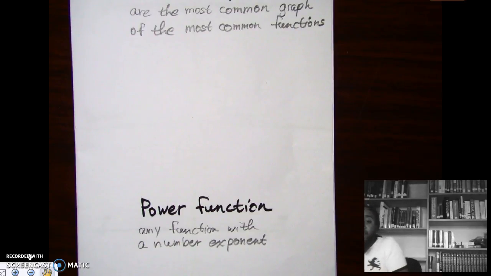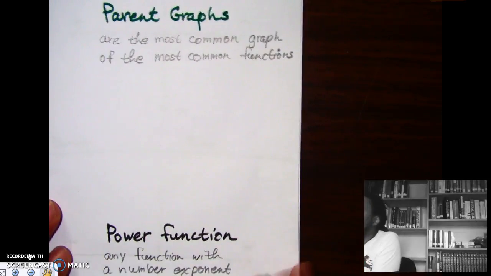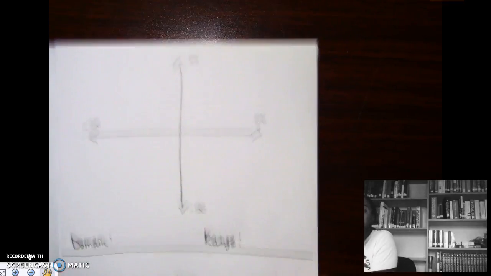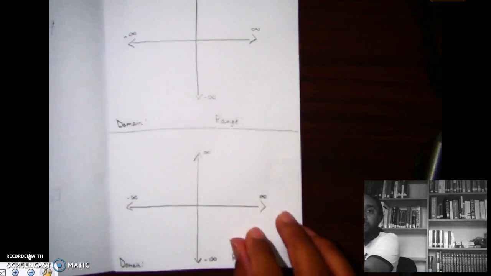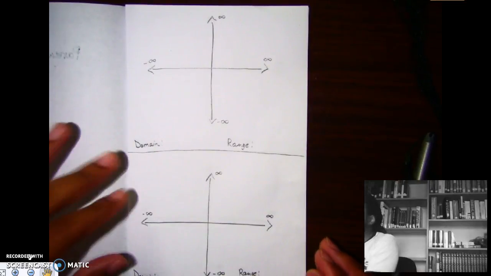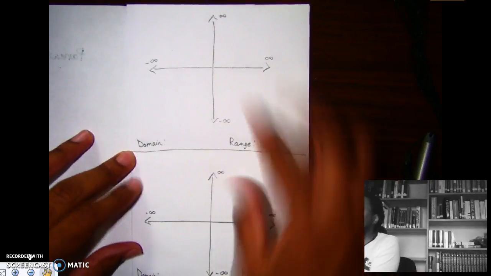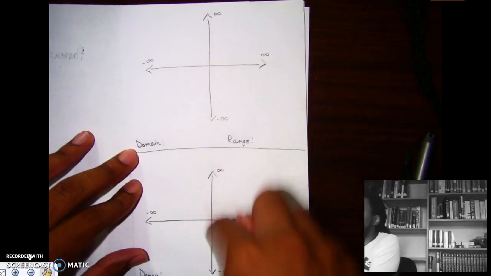Now, the rest of this part of the foldable, I'm going to give you time to do, but on each page, you're going to separate it in half first. On the top and bottom, you're going to build a line in the middle. On top and bottom, you're going to draw an XY plane.